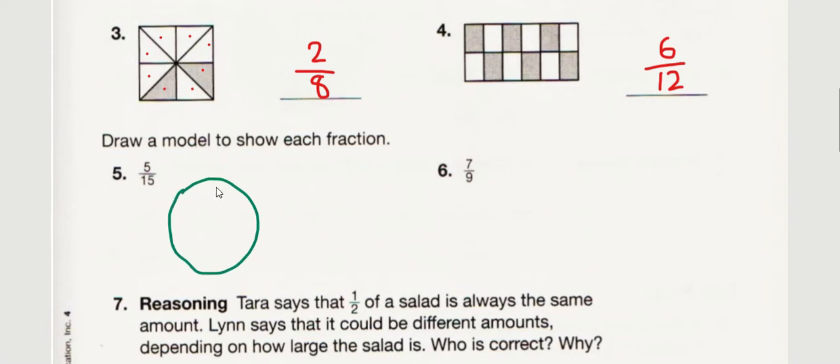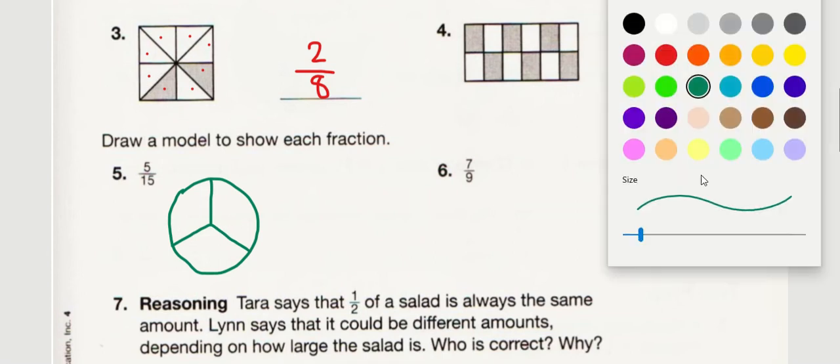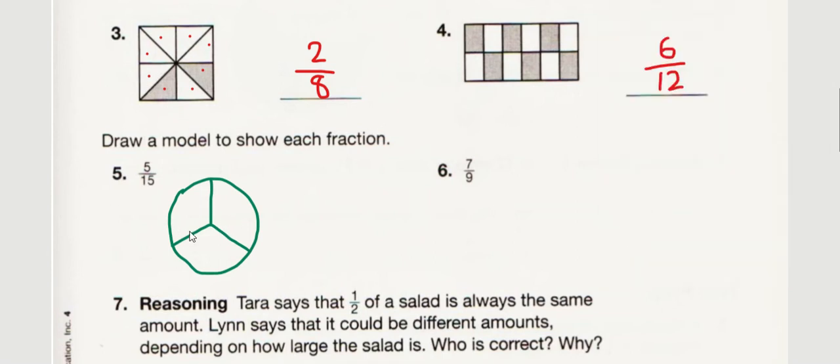Yes, and then I'm going to divide it first into 3 main parts so that I can divide each one into 5 parts. Okay, here we have 1, 2, 3, 4 and 5.